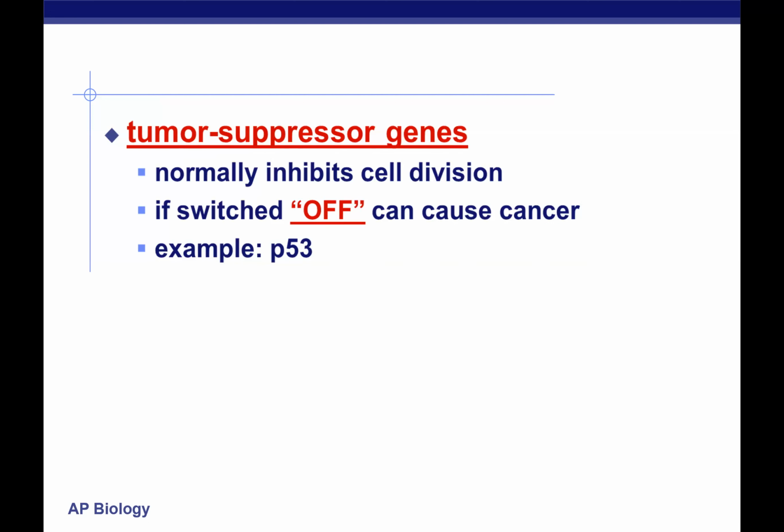Their expression in the normal cell is required so that the cells remain in a non-dividing phase. But what happens if the expression of these tumor suppressor genes is stopped? In other words, if the tumor suppressor gene expression is switched off, then it causes cancer.